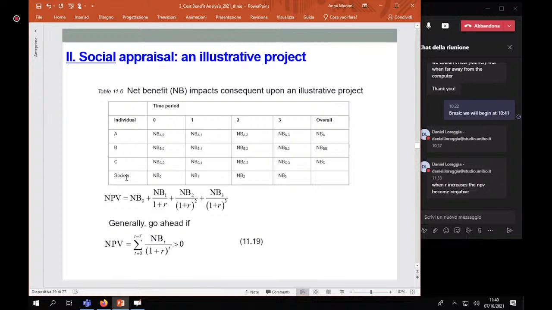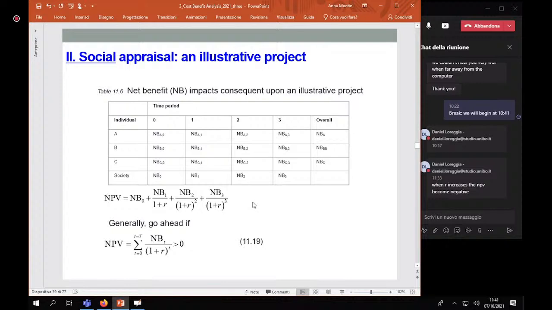So, the net present value will be given by the sum of all net benefit, of all the present value for all the net benefits. Because as you can see, you have net benefit for year 0, net benefit for year 1 divided by 1 plus R. That means that you are calculating the present value of net benefit for year 1, the same for the net benefit of year 2, and the same for the net benefit of year 3.